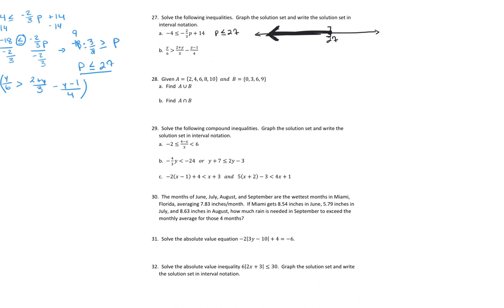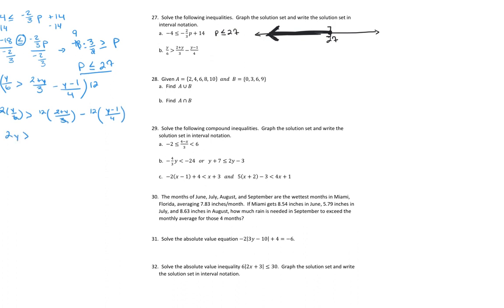So a number that we could do is 12, since 12 is a common multiple of 6, 3, and 4. And so if we multiply 12 by y over 6 greater than 12 times 2 plus y over 3 minus 12 times y minus 1 over 4, you will get canceling out there.